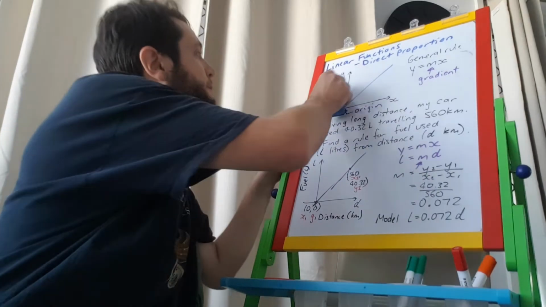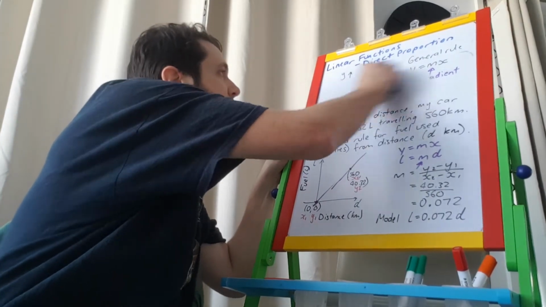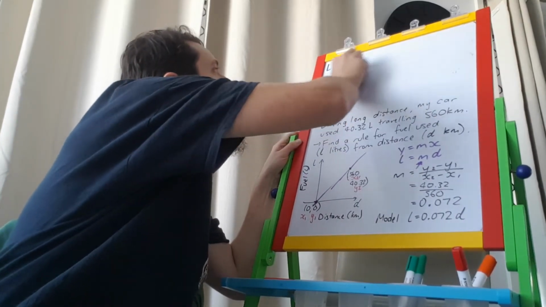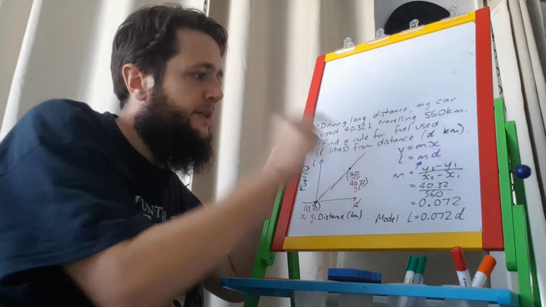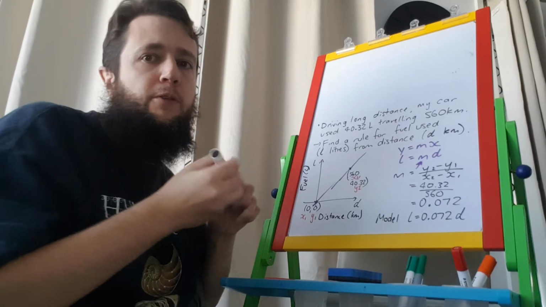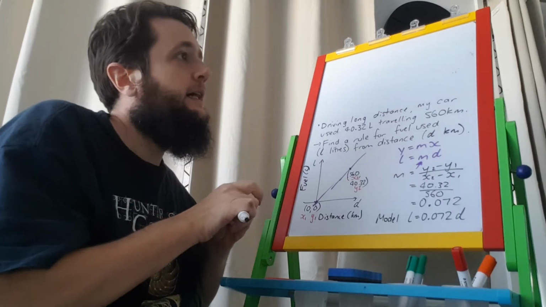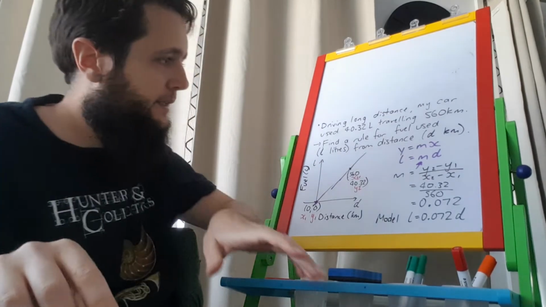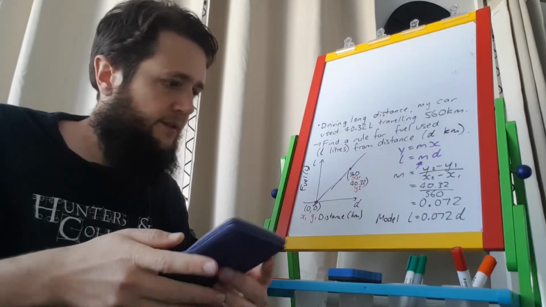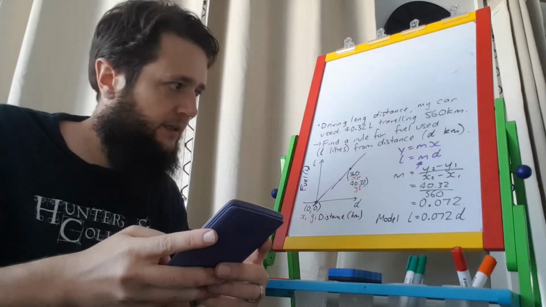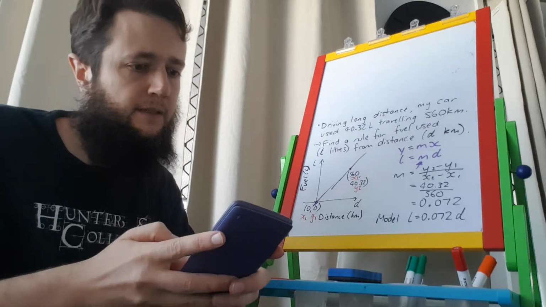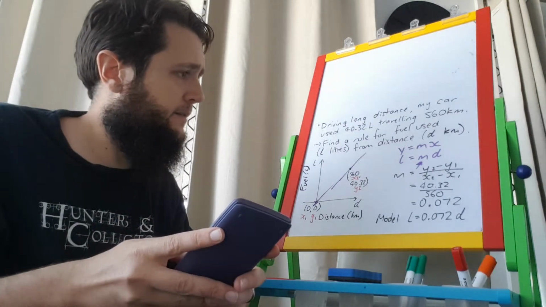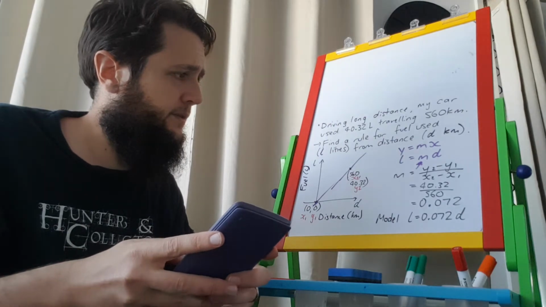I'm going to take off the first bit of this lesson now. Whole point of what I'm about to do, we're about to use that to answer a couple of questions. How many litres used?